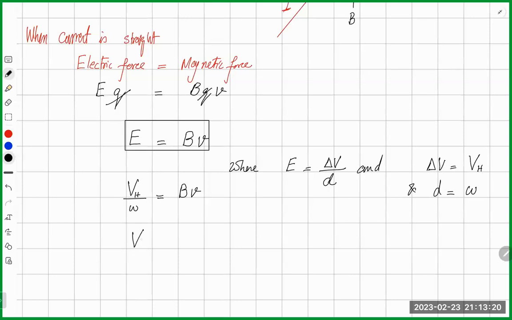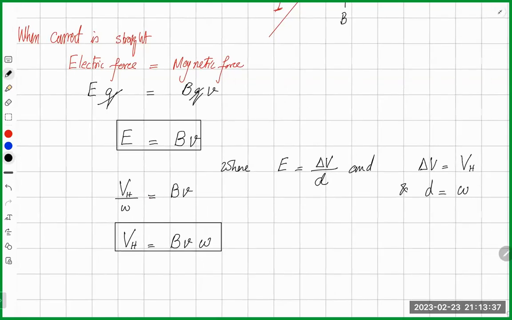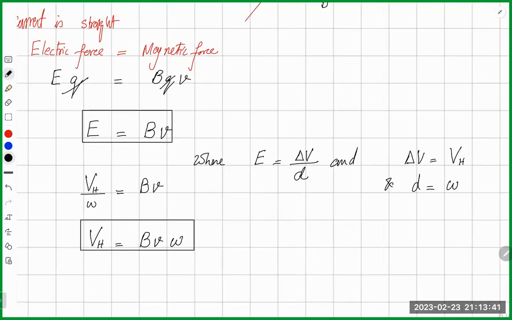So VH, Hall voltage, first formula, is BvW. W is the width of the conductor.